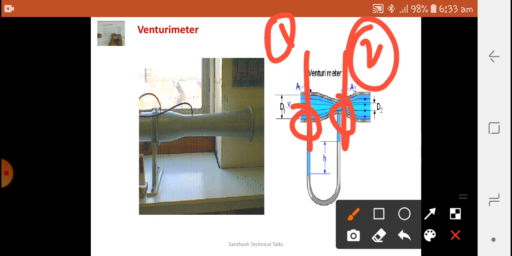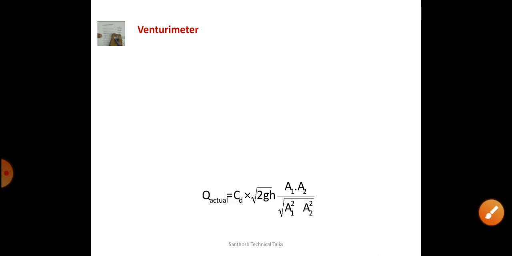Between sections 1 and 2, using U-tube manometers or pressure gauges, the difference of pressure is found out. After that, using a formula and the areas of the pipe and throat, we can easily find the discharge in the Venturimeter.